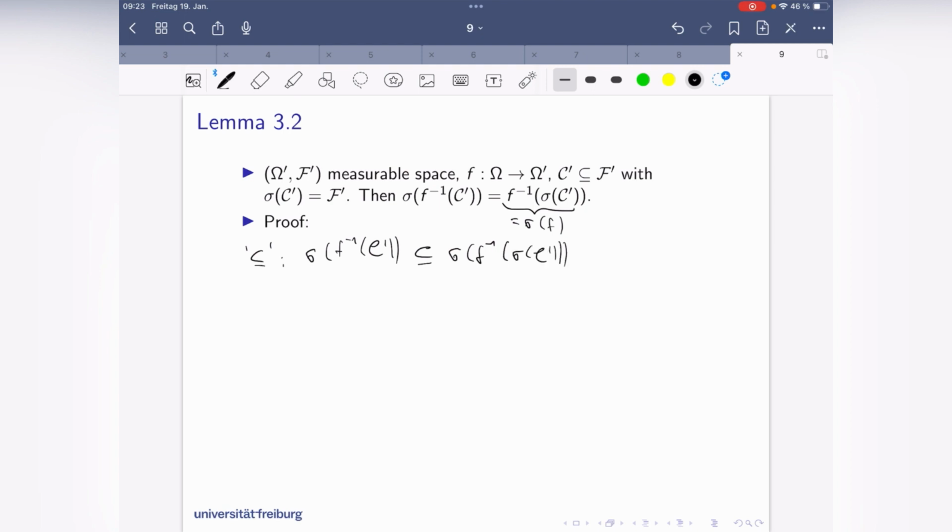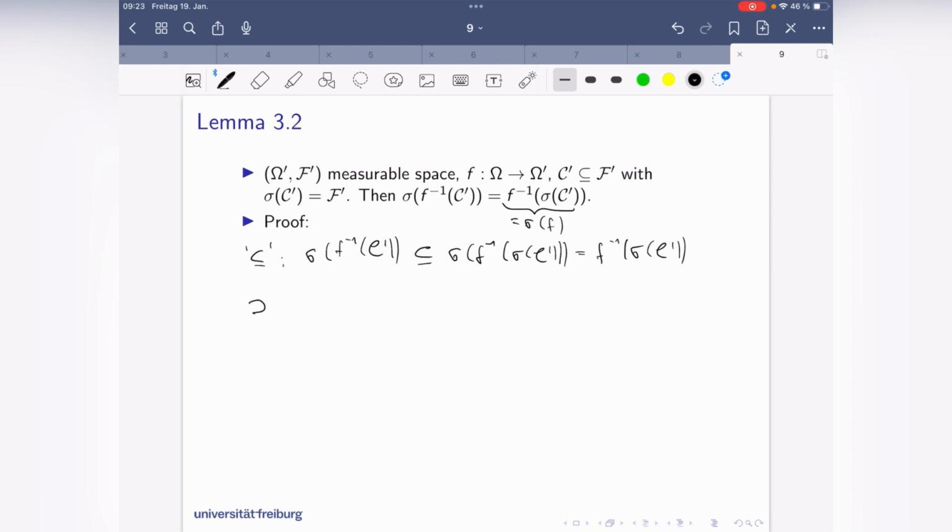So why is that? I use more sets here than just those in C', so I get a larger set. Okay, this is a sigma algebra, so that's the same as f to the minus 1 of sigma of C'. And this is already the first direction, the subset.